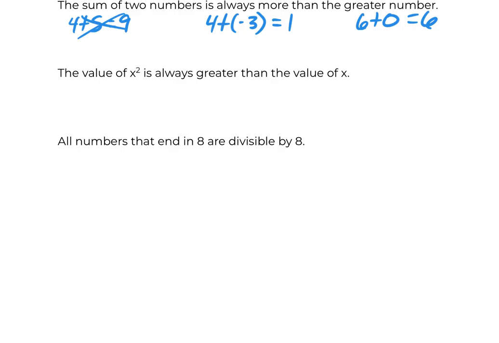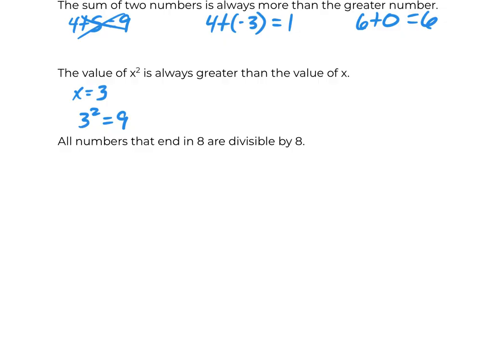The value of x squared is always greater than the value of x. Okay, so let's say x is 3. 3 squared is 9. Is 9 bigger than 3? Yep. So that one supports the statement. That one is not a counterexample. Okay? So what would be a counterexample?